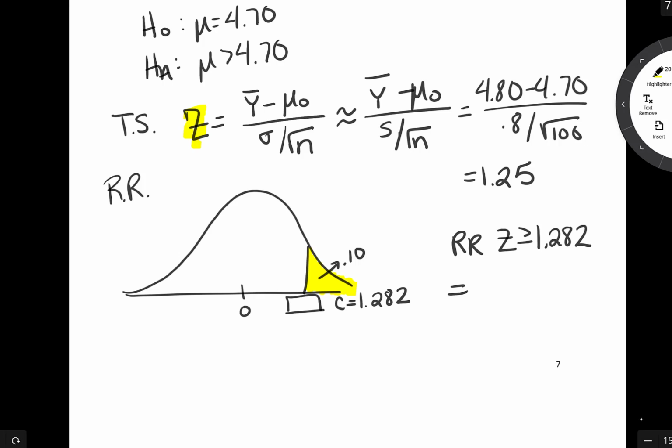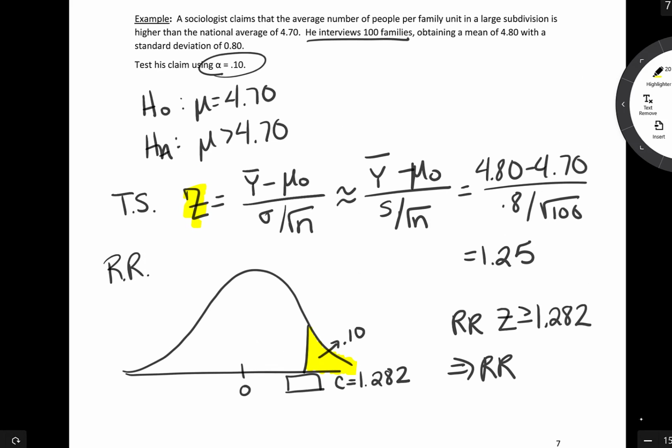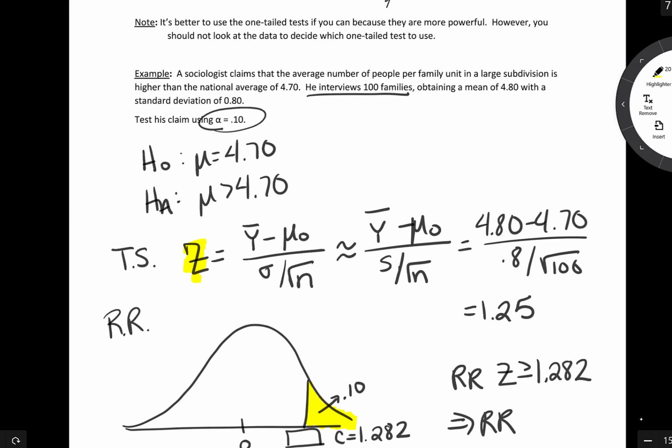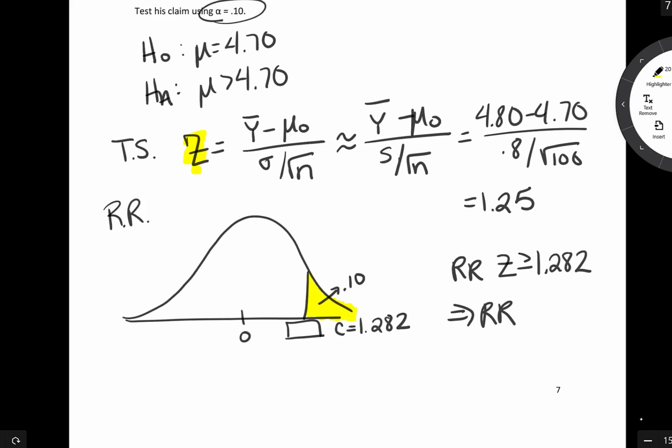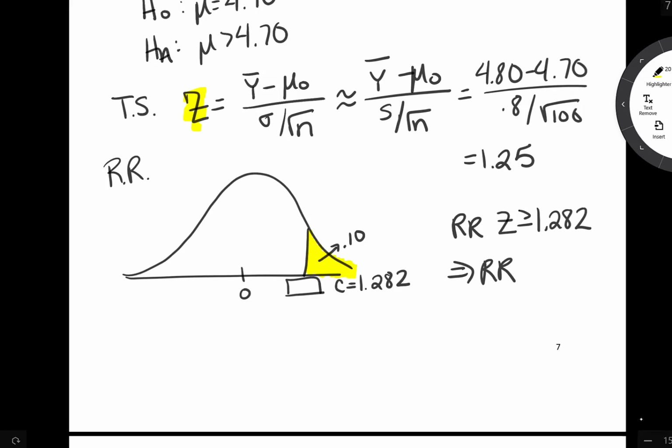So in this case, we are going to reject, and then we would conclude our hypothesis similar to how we would conclude what we saw in the previous note sets. We could say, at the 10% significance level, we have enough evidence to reject the claim that the average number of people per family unit in the large subdivision is equal to 4.7, and we can conclude that it is greater than 4.7.